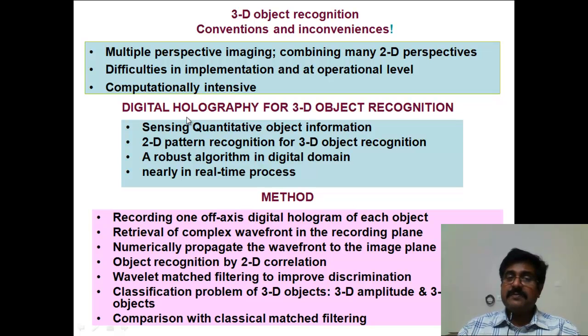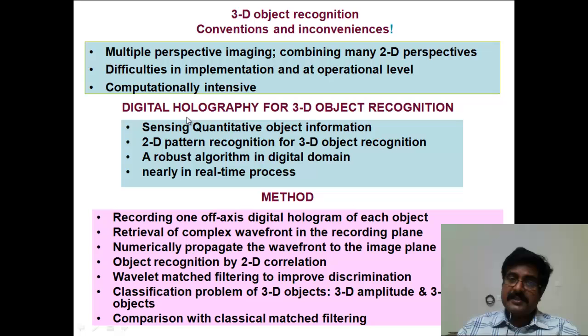And this becomes computationally intensive because a large number of two-dimensional images are to be processed. And obviously this becomes highly complicated. There are a lot of difficulties in implementation and at operational levels.